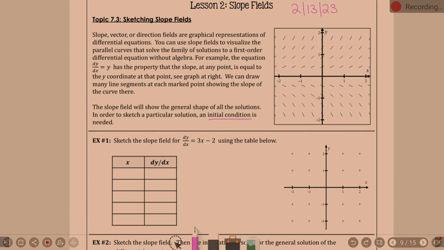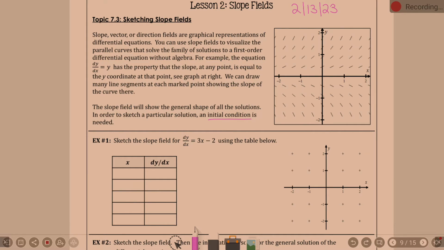Okay, let's go into example 1 and try and make it all make sense. So sketch the slope field for dy/dx equals 3x minus 2 using the table below. Now, notice, what do we have, 5?